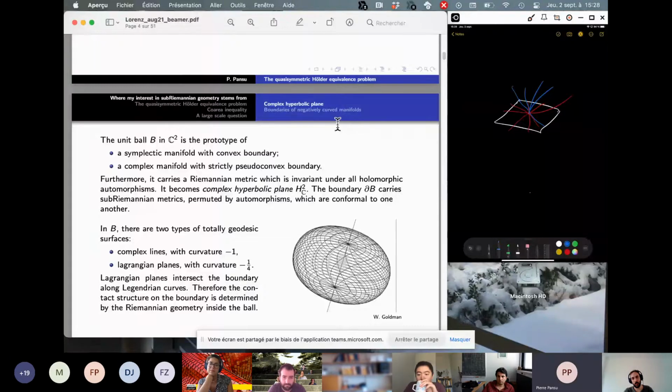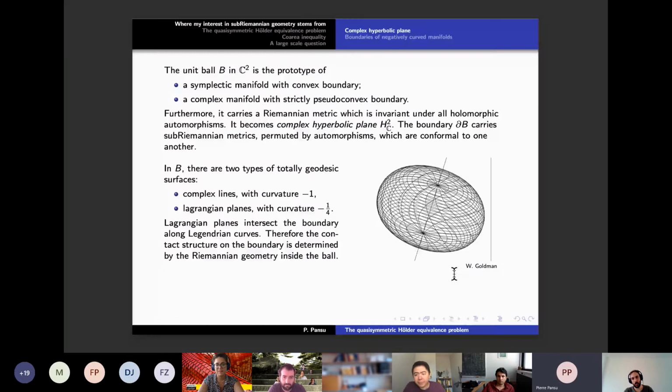The surface, the kind of rugby football that you see here, is simply what you obtain when you take one real circle, meaning boundary of a Lagrangian plane, and let it turn around one chain, the boundary of a complex line. So some kind of sphere foliated by these helices, which are these real circles.